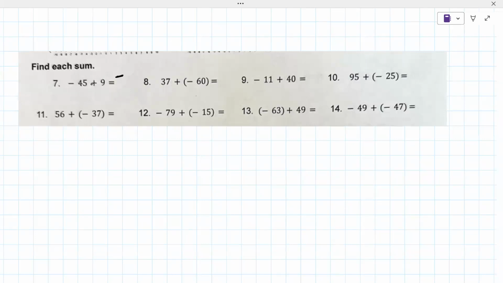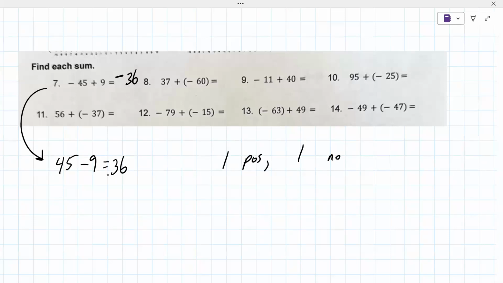Then you take the larger number without the sign and subtract the smaller number, which is 36. Why would you subtract? Well, this is the way that you add and subtract positives and negatives. So it sounds like maybe you guys have not covered this. When you have one positive and one negative, here is the rule.